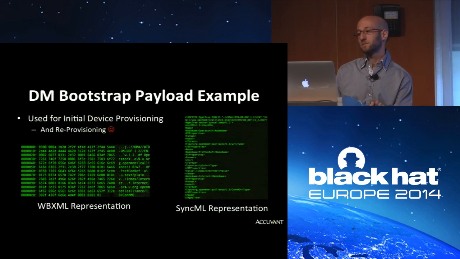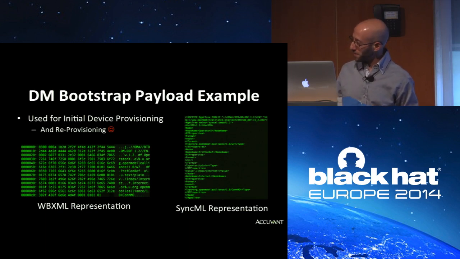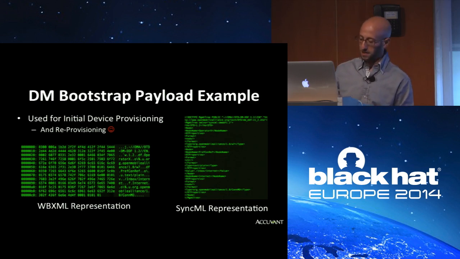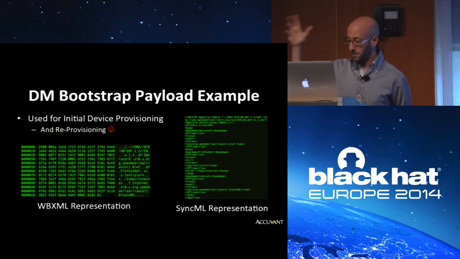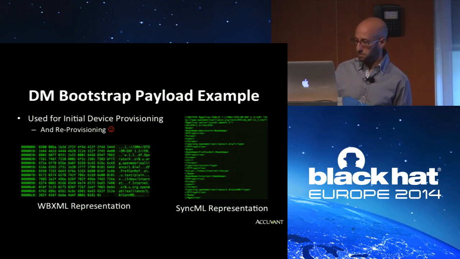Now, getting into what I find more interesting, especially in Europe and more globally, DM Bootstrap. This is used for initial device provisioning, but can also be used for device reprovisioning. Here is a WBXML representation on the left, which is what would primarily be coming in once you've converted it from WAP PDU.